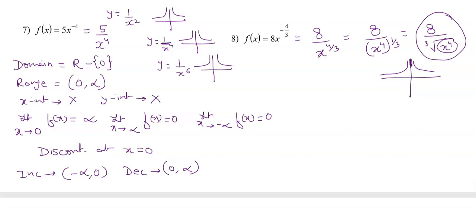It will never be negative. Good. Considering these 2 points, we drew the graph. Okay. And also we can see that the x value cannot be 0. That is why there is a vertical asymptote at the y-axis, right?